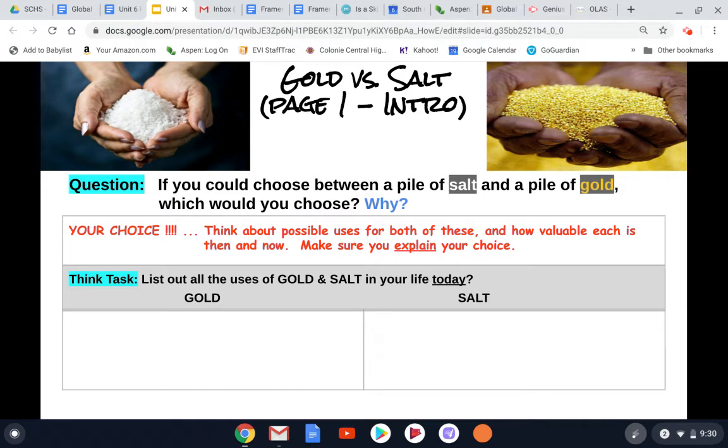It's your choice, but think about possible uses for both of these items and how valuable each is now in our world today, but maybe think about what they might have been used for and what their value might have been back in historical times too, in the Middle Ages. Make sure that you're explaining your choice. So if you want to pause the video here, take a moment to think about that and answer your question in that box.